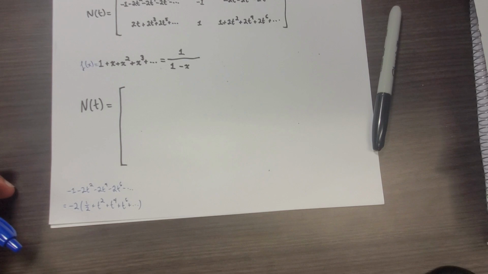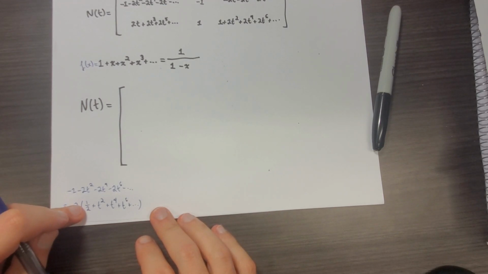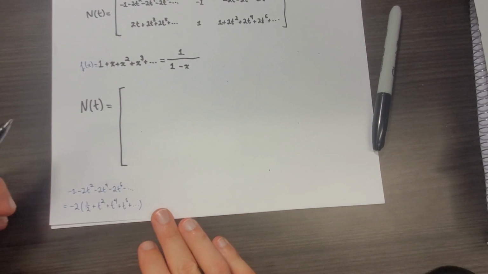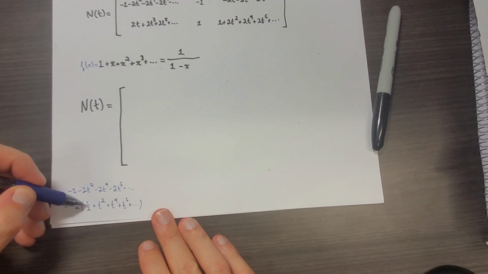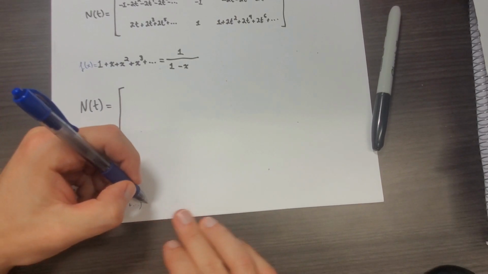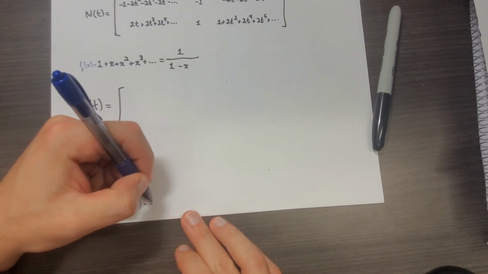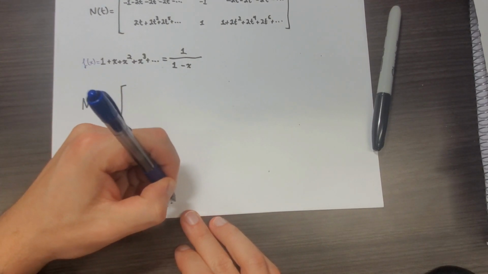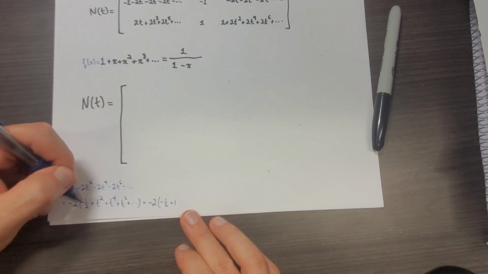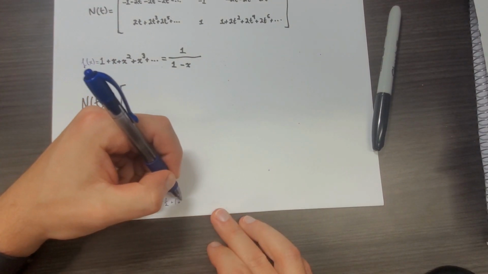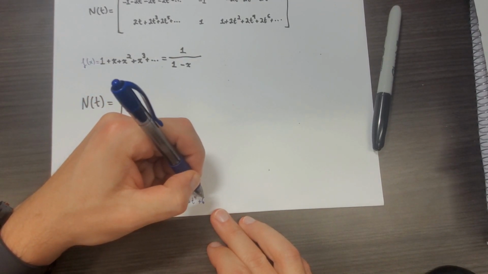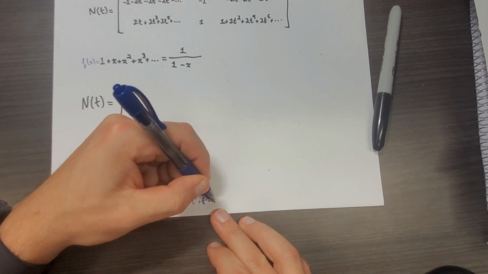Well, it would be nice if I could just get a 1 here so that it looks kind of like this guy. I know the powers are different, but that's all right. So I might add a 1/2, so this becomes 1, and then subtract the 1/2 outside. So let's go ahead and subtract that 1/2, and then we've got plus 1 to accommodate for this 1/2, plus t squared plus t to the 4th plus t to the 6th, and so on.